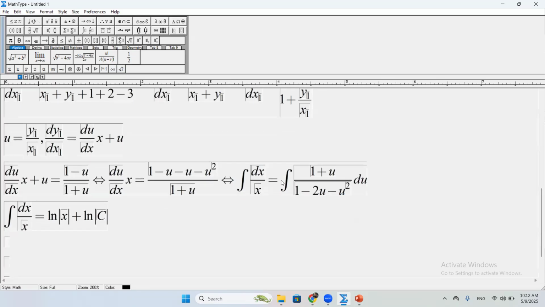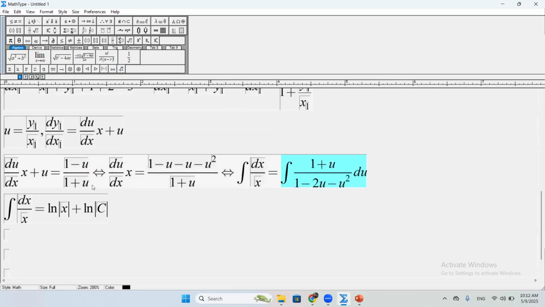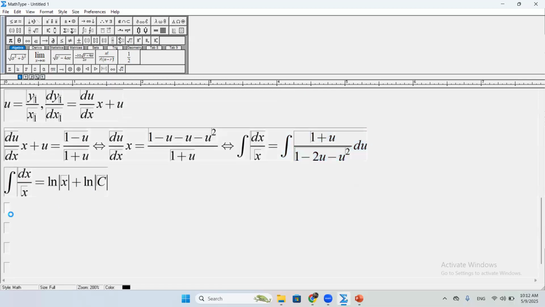And then let's calculate this integral. Let's rewrite the denominator a little bit. We will extract the perfect square in the denominator.